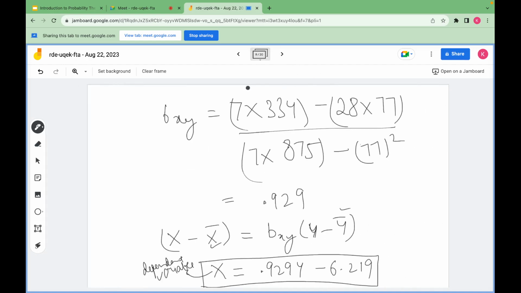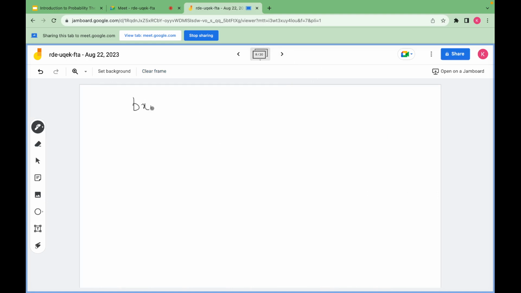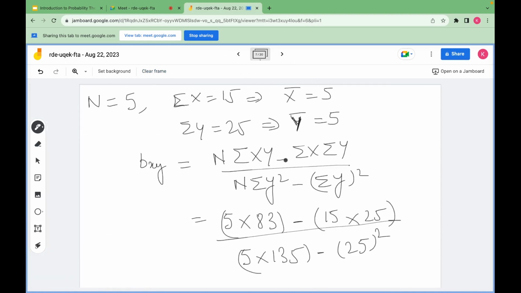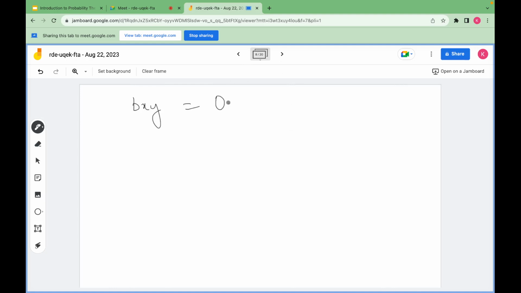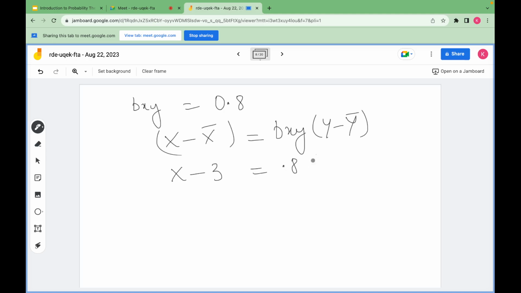So this value comes out to be 0.8. Now we can find the regression line, which will be x minus x bar equal to bxy into y minus y bar. x minus 3 equal to 0.8 into y minus 5. On solving we get x is equal to 0.8 y minus 1.